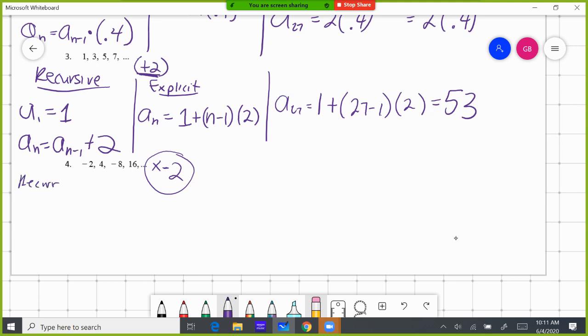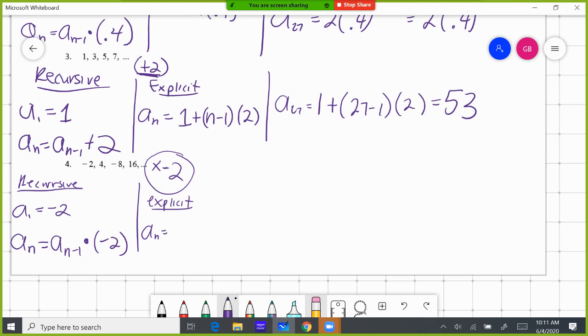So for the recursive, the first term is -2. Okay, to find the next term, you need the previous term, and you multiply by -2. For the explicit, first term is -2. Common ratio is also -2 to the power of n minus 1.